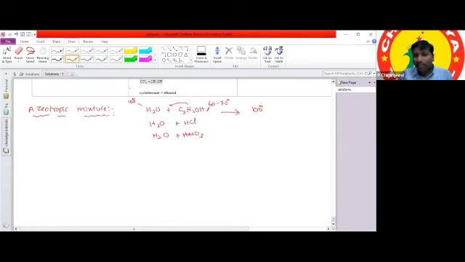Since both boil at 100 degrees centigrade, is there any possibility to separate them? Once you dissolve the alcohol in the water, it is not possible to separate the mixture into individual components. That kind of mixture we can call an azeotropic mixture. Got it, all of you?